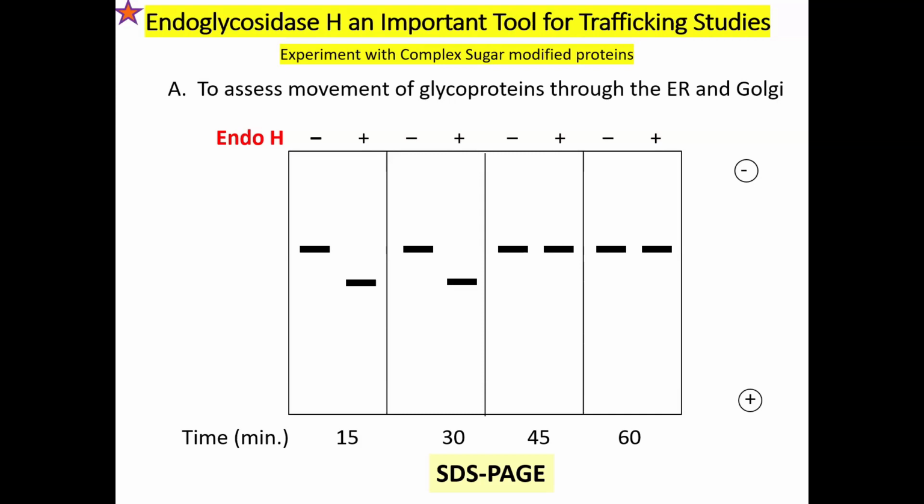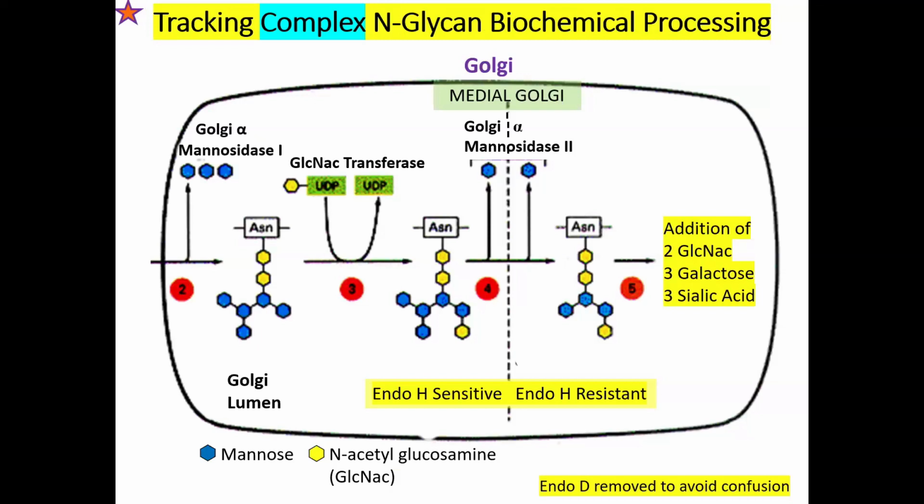Here, we are looking at the studies every 15, 30, 45, 60 minutes. And as it passes through the Golgi, we wanted to know when this complex glycosylation actually happened. So if you just go back to the picture right here, see that the glycosylation happens just past the medial Golgi right here.